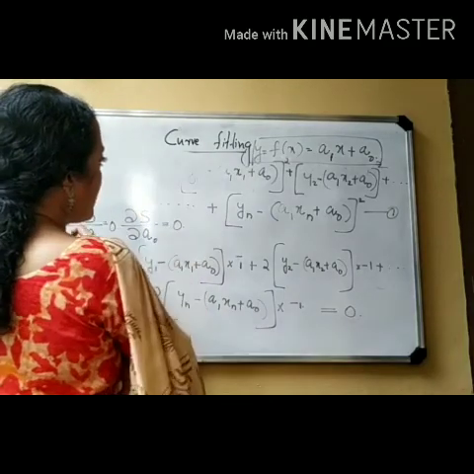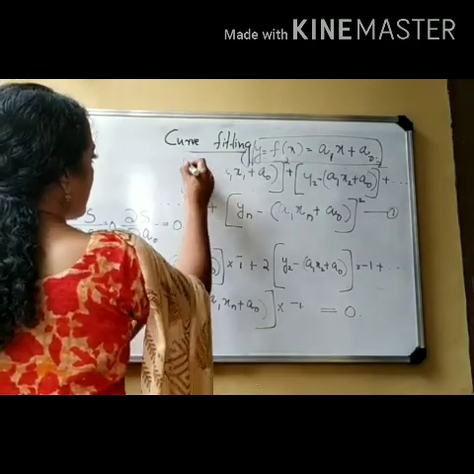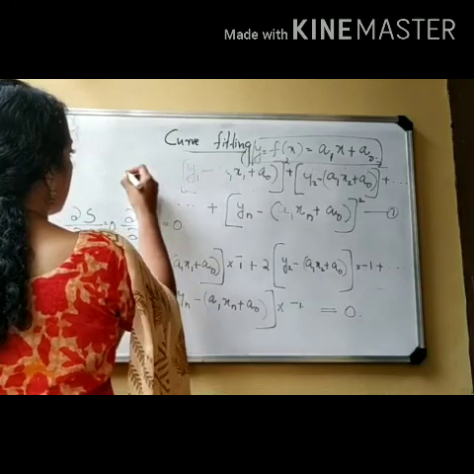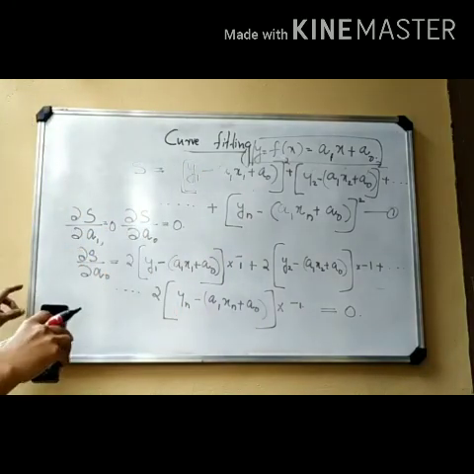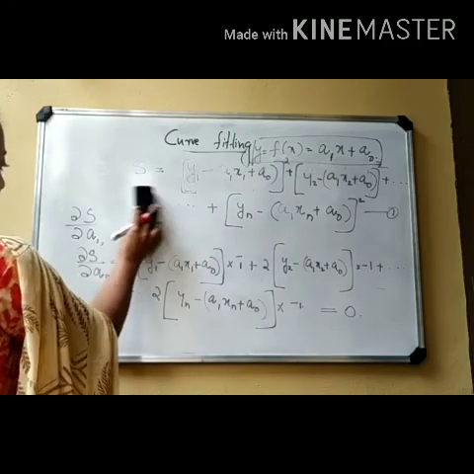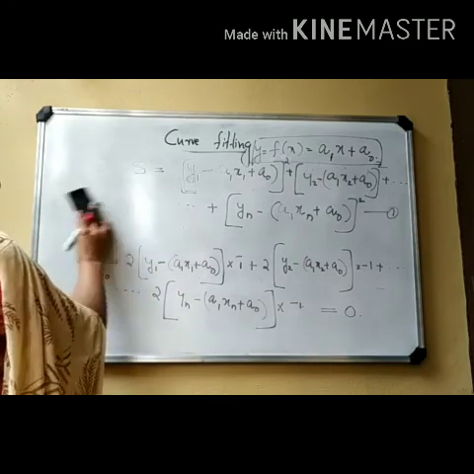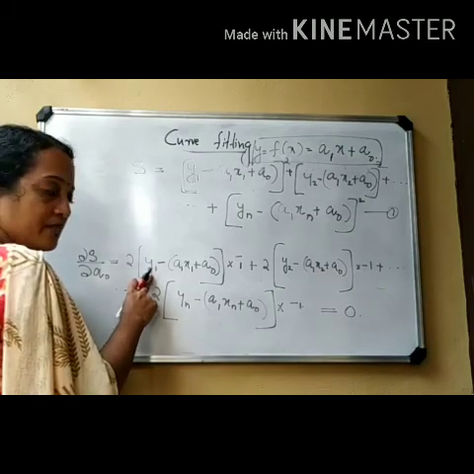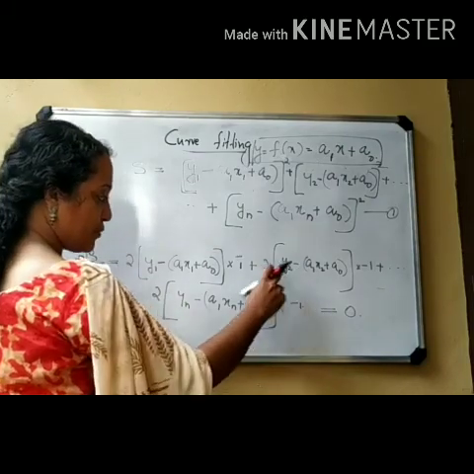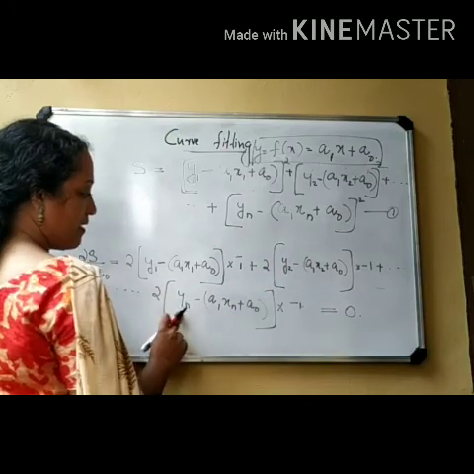So I can rewrite this. Here there is y1, here y2, and then up to yn.